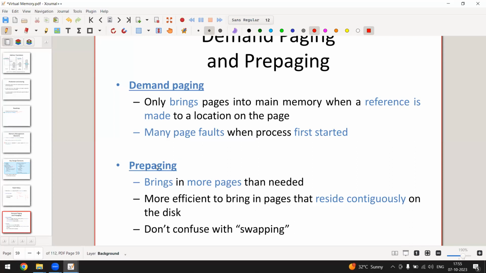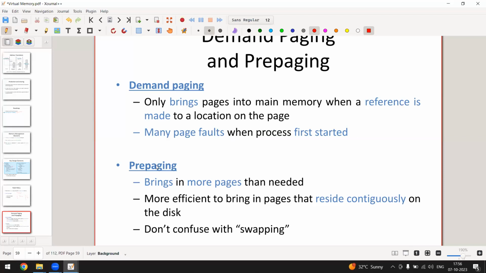Simple. So whenever that particular page is being referenced, only at that time you have to bring it to the memory, as per demand paging. And the concept of demand paging is that many page faults are there when the process is first started. Why?